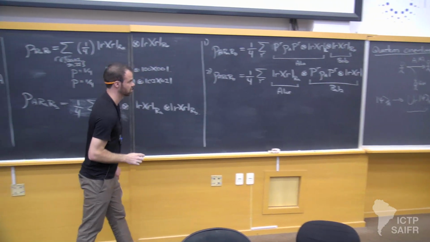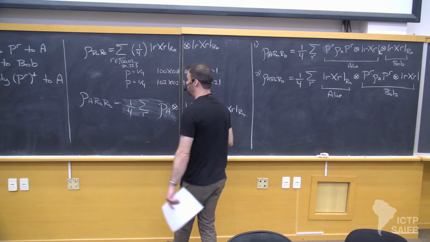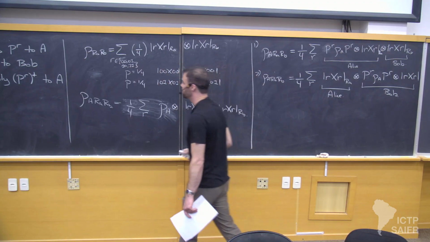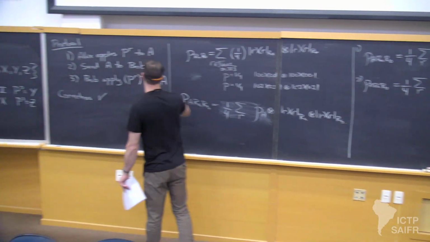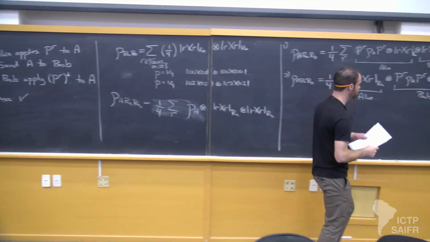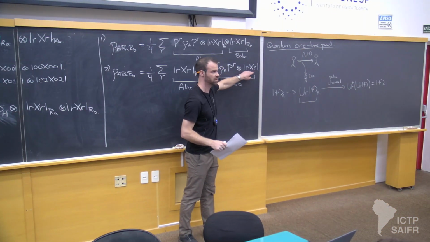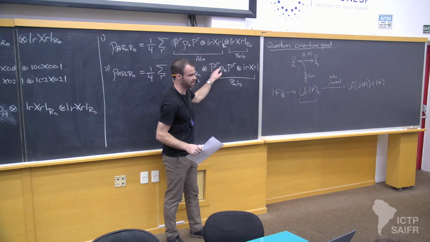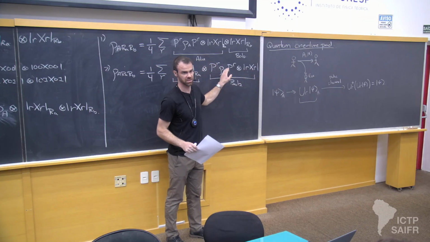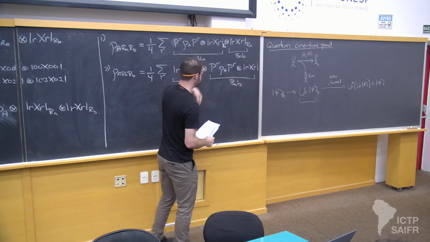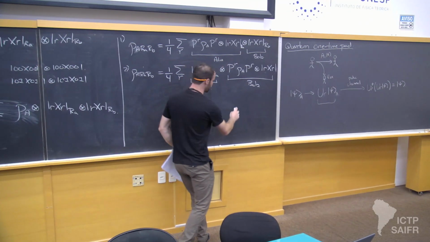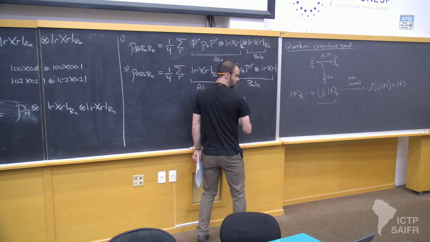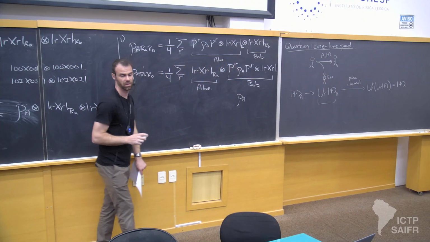If we're thinking about correctness, the next step would be that Bob can see this thing, he can read off what R is. So he can then do P again, which will cancel these P's. And in the third step, I would end up with just rho A here.